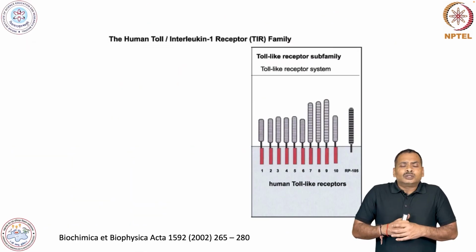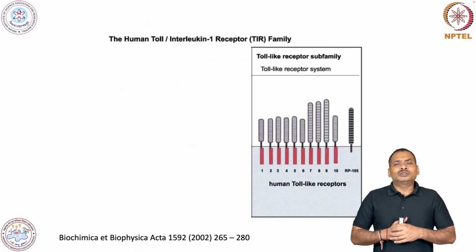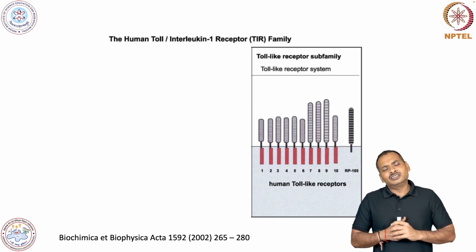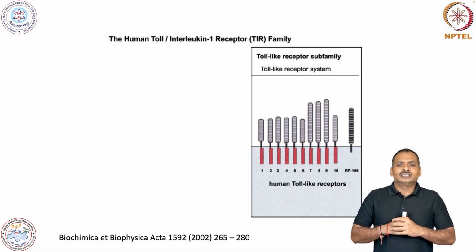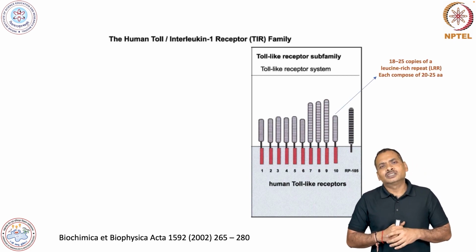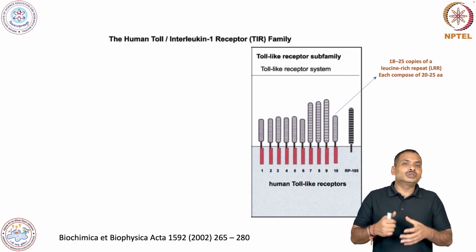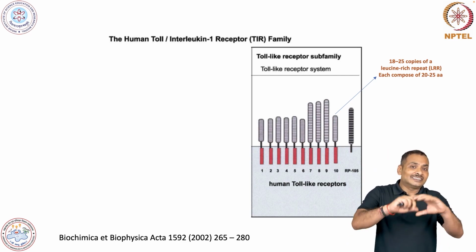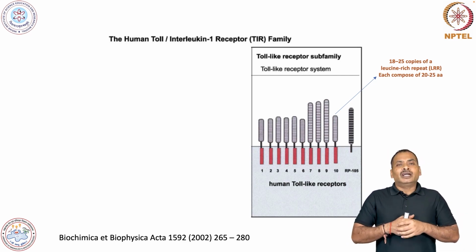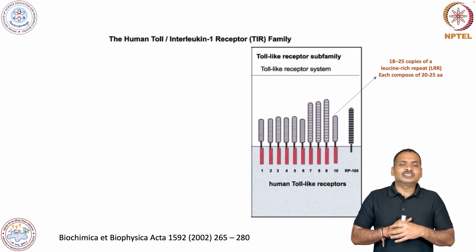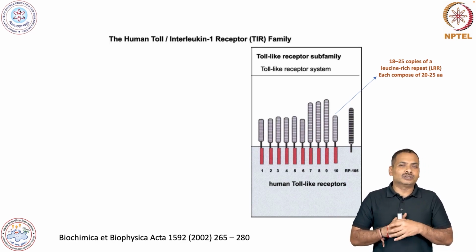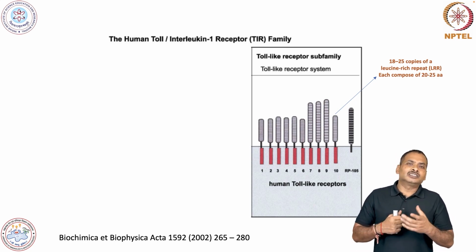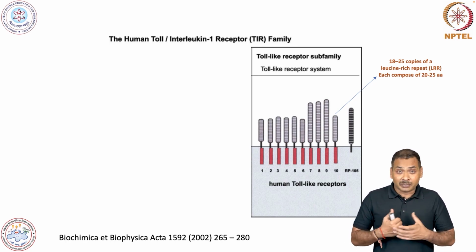Okay. Now let's come back to the toll-like receptors. Toll-like receptors have 3 distinct regions. The first region is the leucine rich repeat. This leucine rich repeat plays an important role in sensing the PAMP. These TLRs consist of 18 to 25 copies of leucine rich repeat, and each leucine rich repeat consists of about 20 to 25 amino acids.